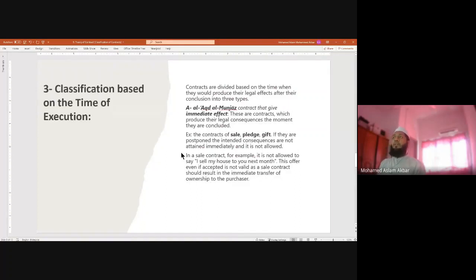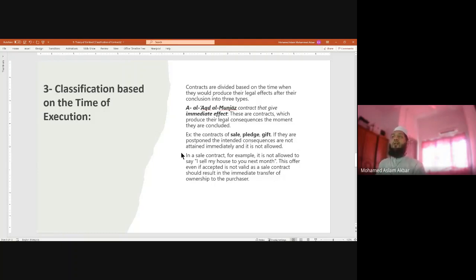Contracts are divided based on the time when they would produce their legal effects after their conclusion into 3 types. The legal effect will happen according to the time. So there are some contracts that will happen immediately.